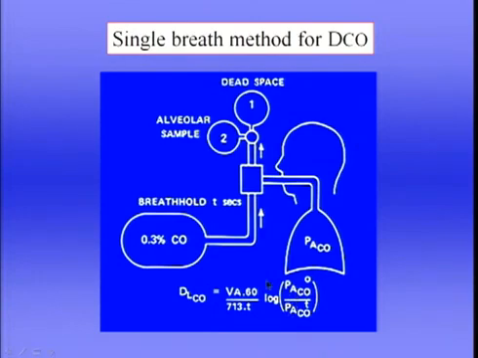And then we have a fancy equation here that you don't really need to worry about, and that allows us to calculate the diffusing capacity for carbon monoxide. It's a fancy equation because during the breath holding period, the rate at which the carbon monoxide leaves the lung decreases because the partial pressure of carbon monoxide is falling, and so there's an exponential fall in the level of carbon monoxide, and therefore the uptake of CO decreases.